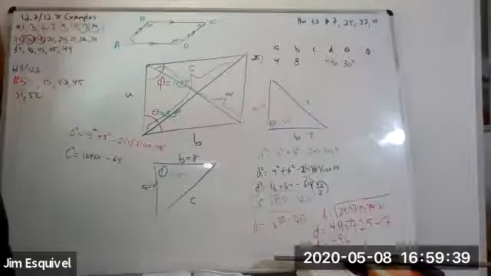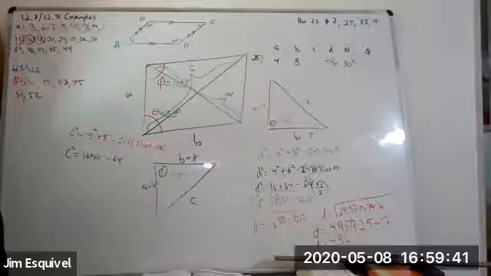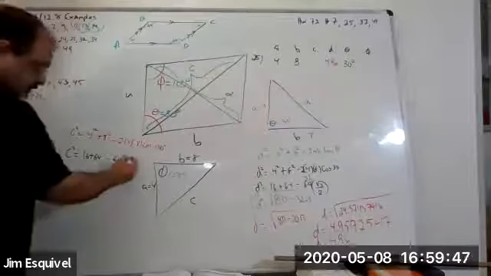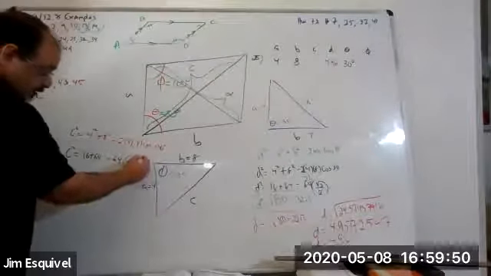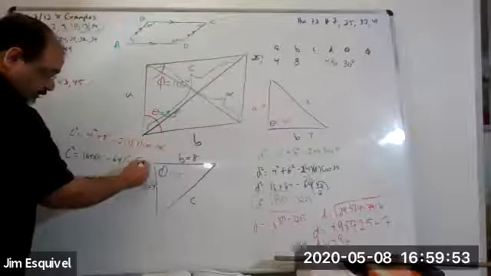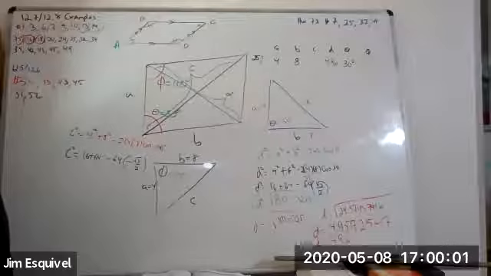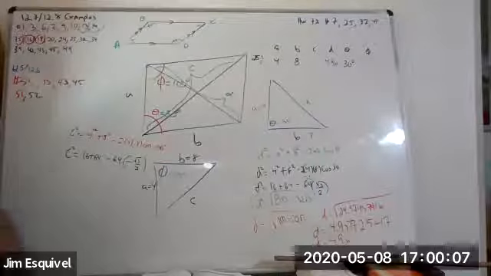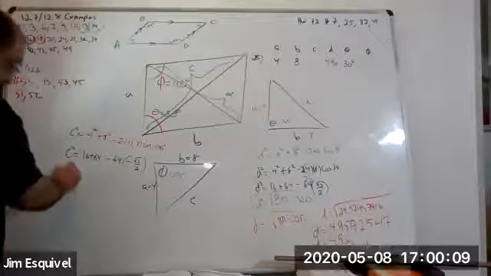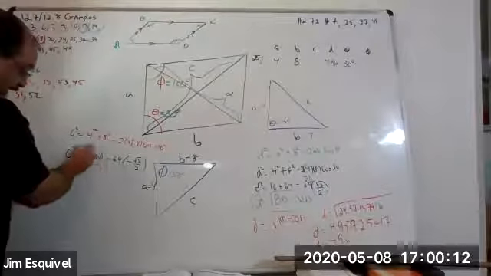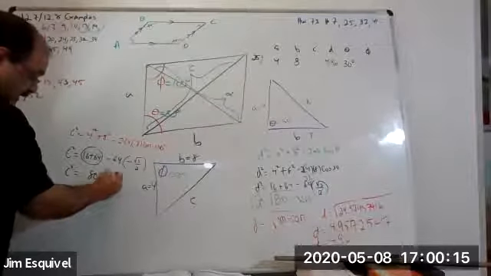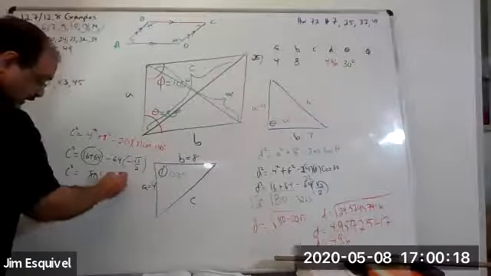The cosine of 150 is negative square root 3 over 2. If the angle is obtuse, that means the angle is in quadrant 2, and cosine is going to be negative, which means the next step, C squared is going to be 80 plus 32 square root 3.